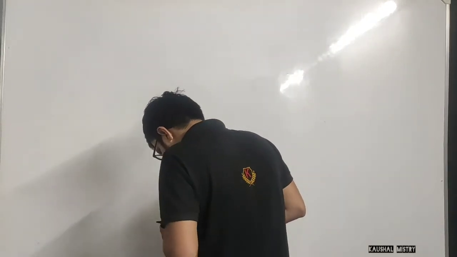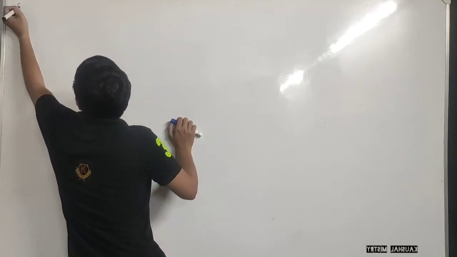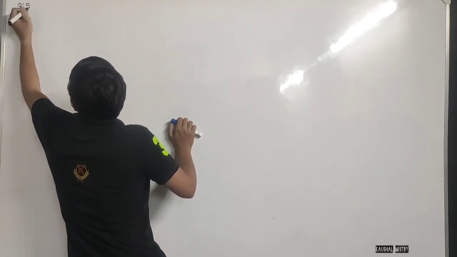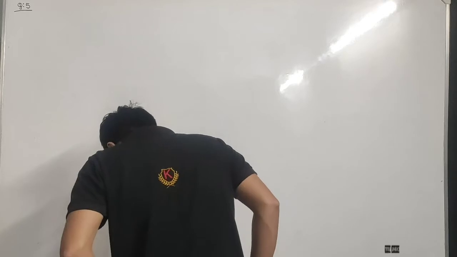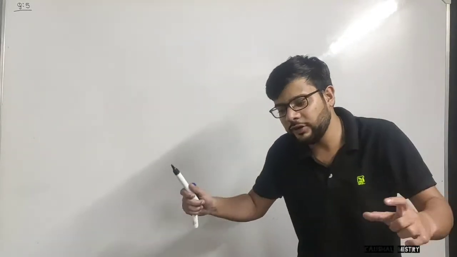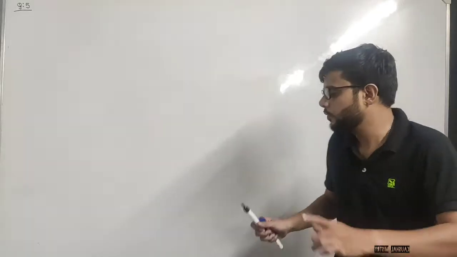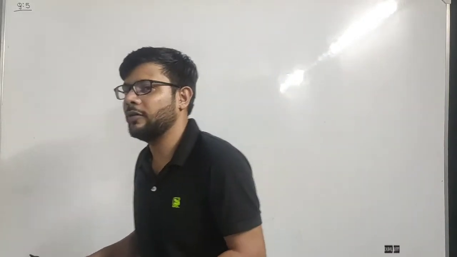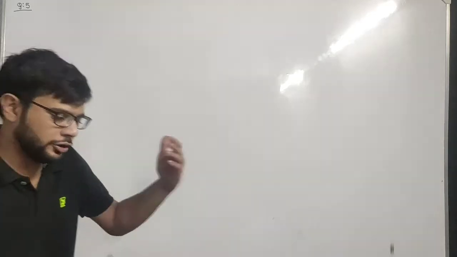Now we are going to solve question number 5, right? That is, two numbers are in the ratio of 5:3. Now one thing you have to remember: if a ratio is given, that means two numbers are in the ratio of 5:3, then you have to assume that the first number is equal to 5x and the second is equal to 3x.